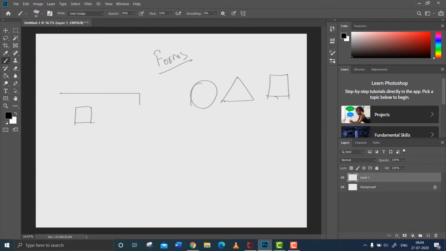Let's combine circle and triangle. We get a cone. We combine circle and square. We get a rectangle. Cylinder, I mean.